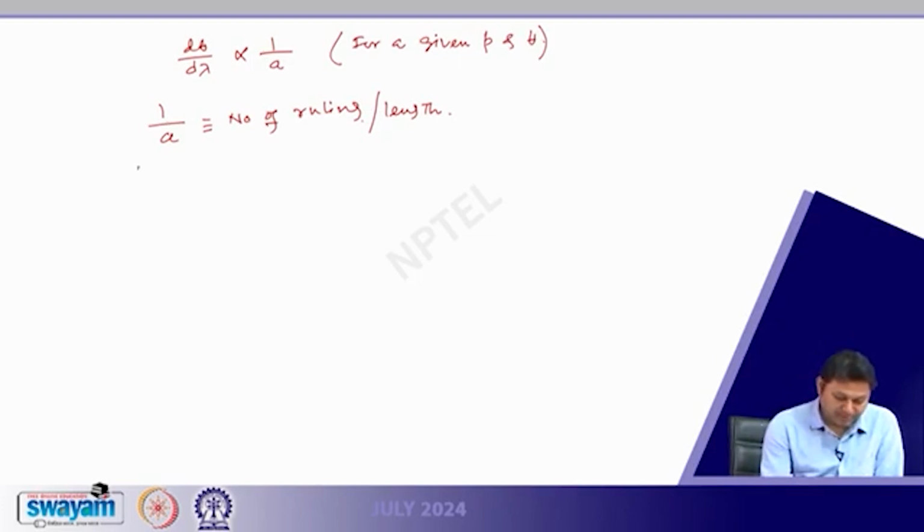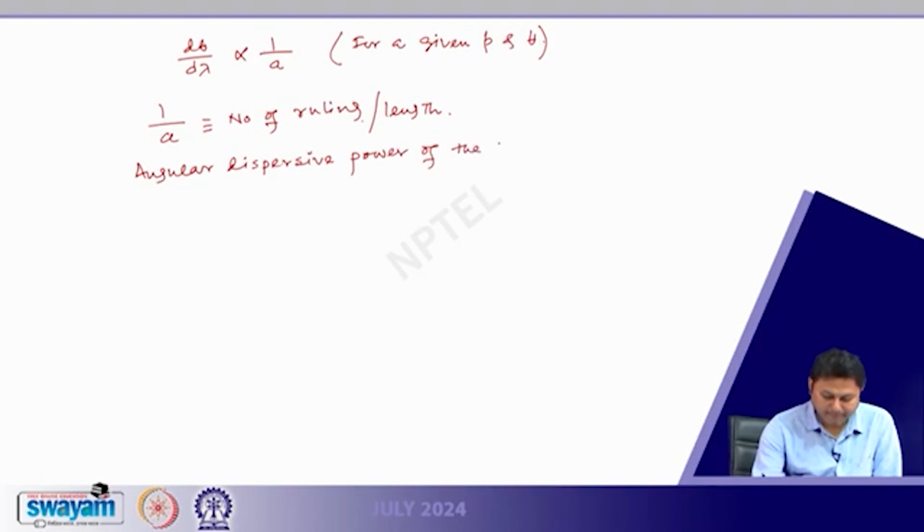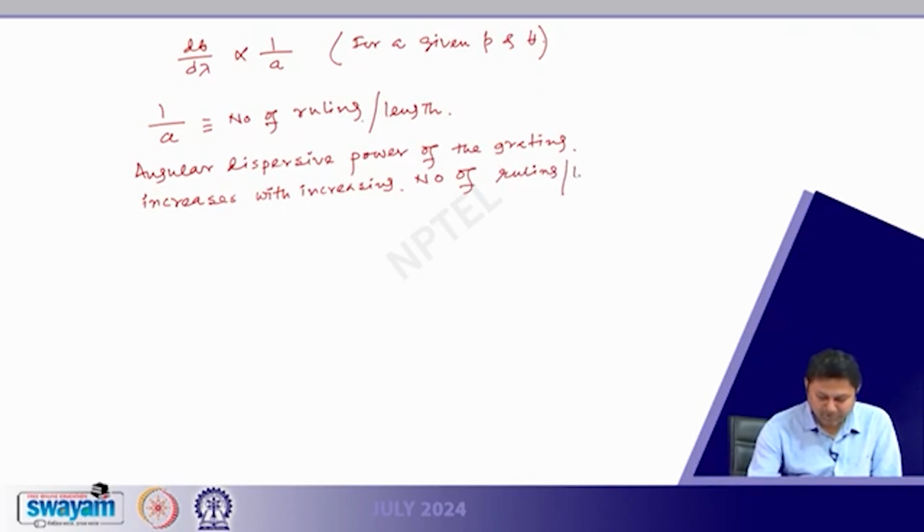So, angular dispersive power of the grating increases with increasing number of ruling per unit length.